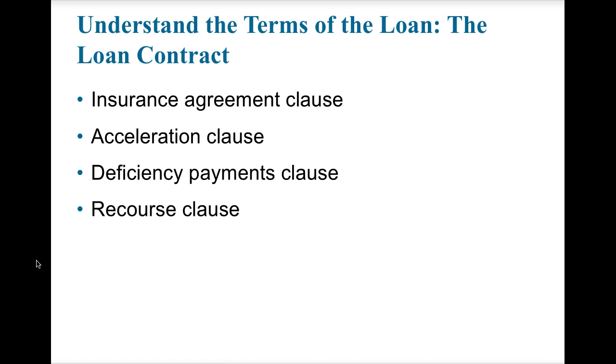Deficiency payment clause, which is going to state that if you default on a secured loan, not only can the lender repossess whatever's secured, but if the sale of the asset doesn't cover what you owe, you're going to be billed the difference. This typically doesn't happen with mortgages, but with an automobile, the depreciation is so quick that you may have to owe money even after the vehicle's been repossessed.